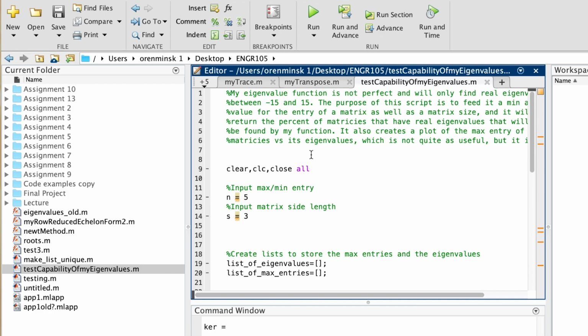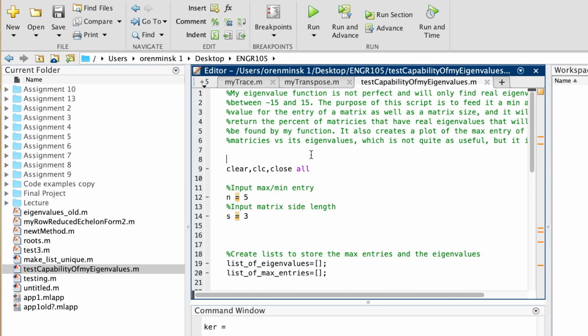Then it sees how many of them are outside the range of -15 to 15, and using that information, it tells me what percent of those matrices have eigenvalues that I would miss were I to use my function on those matrices.